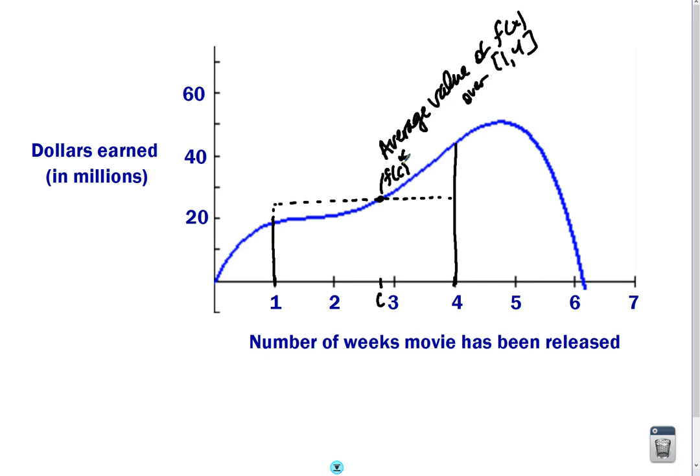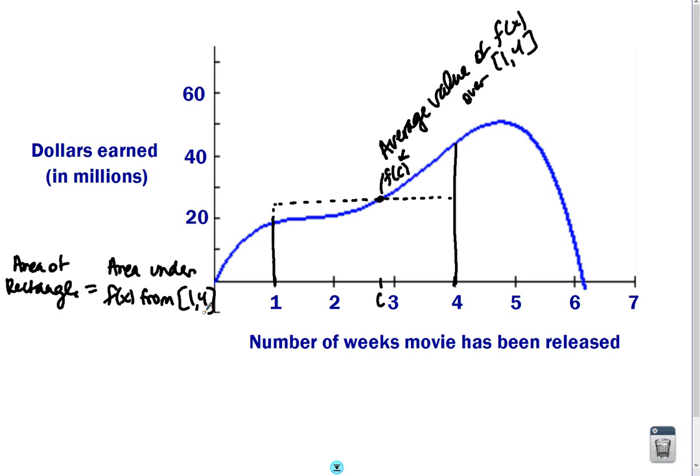What I'm saying is the area of that rectangle equals the area under f of x from 1 to 4. The area of a rectangle is base times height.